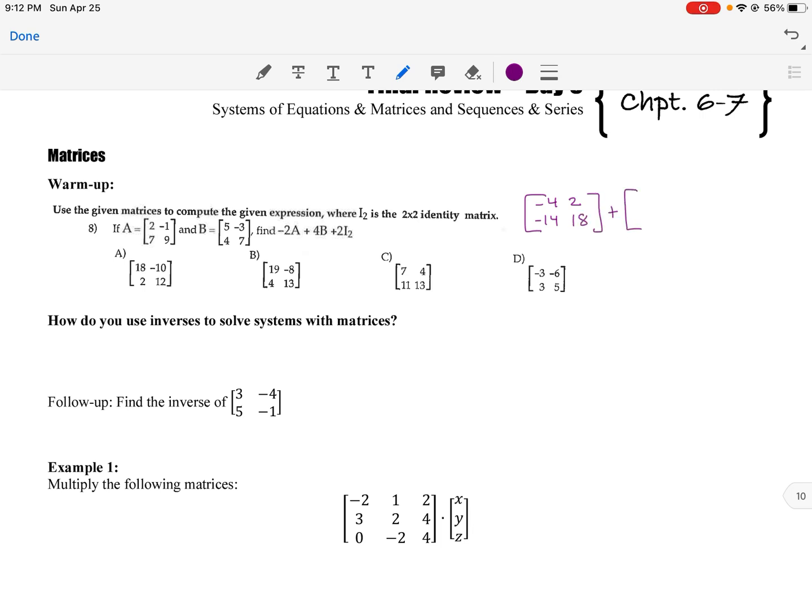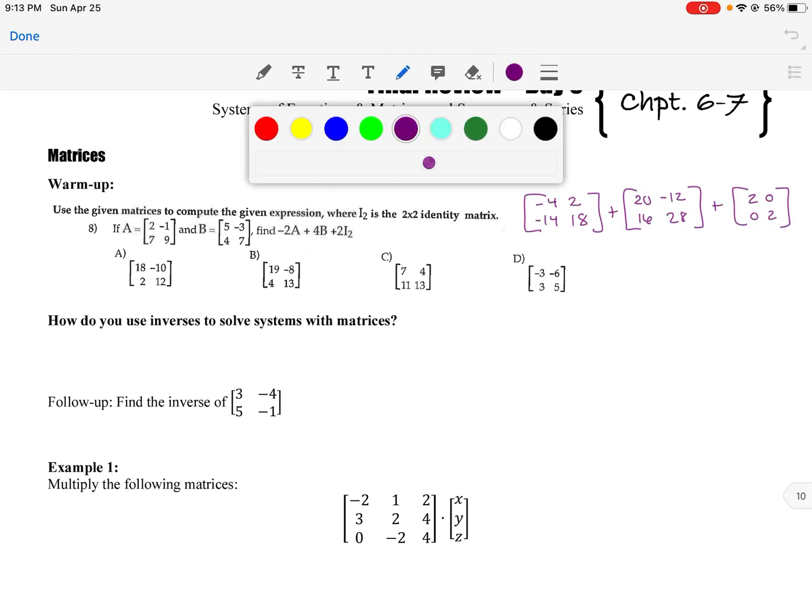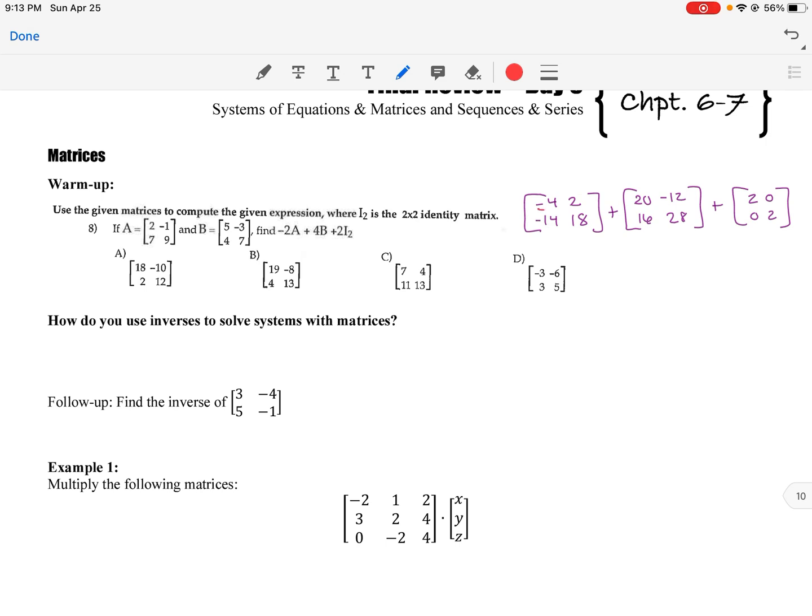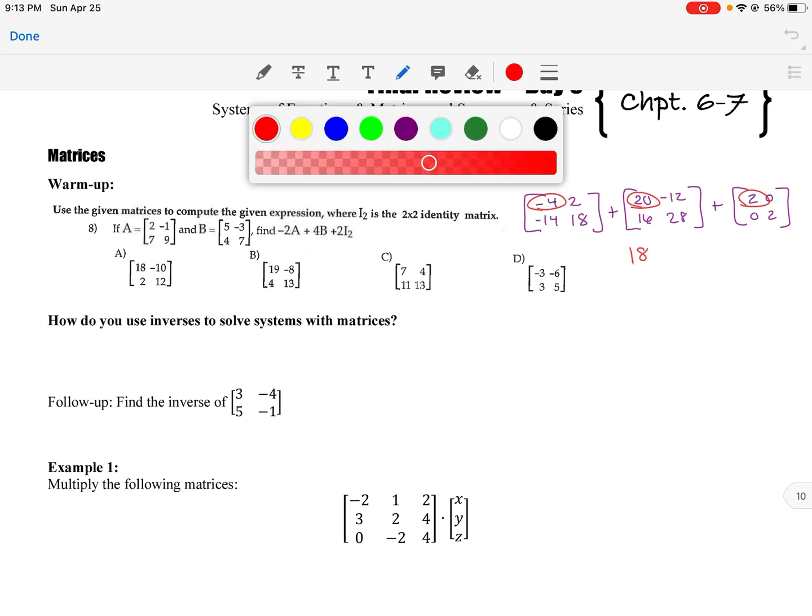And if I add 4 times matrix B, I get 20, negative 12, 16, 28. And then 2 times the identity. Remember, the identity is just 1, 0, 0, 1, so 2, 0, 0, 2. Think about adding the numbers in the same spot. So negative 4 plus 20 plus 2 would give me 18.